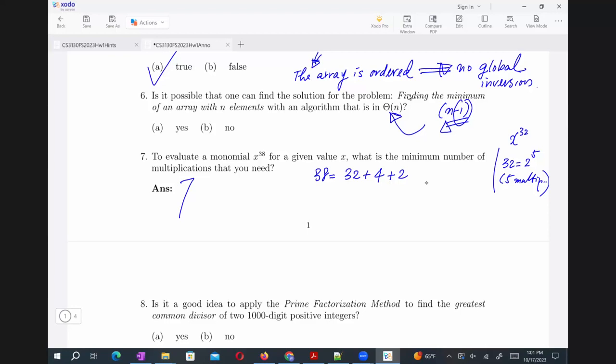Would that be 4 or 5? It would be like 2 times 2. Wouldn't that be 4 multiplications? This is a good question. If n equals 2 to the k, then we calculate x to the n. You ask me whether it is k minus 1 or k multiplications. The answer is k.